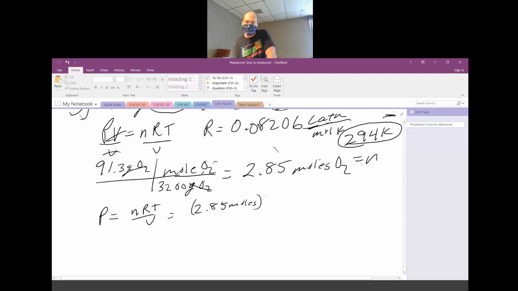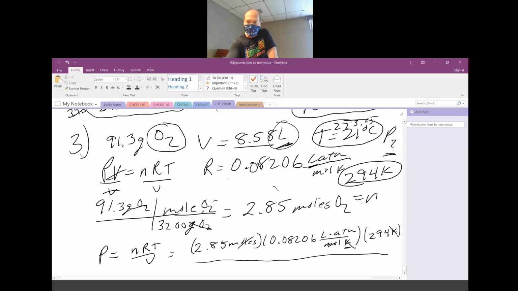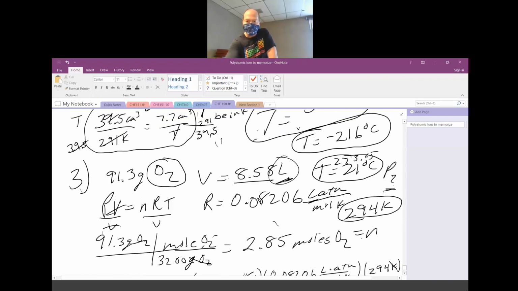You have 0.08206 liters times atmosphere per mole Kelvin, and those units are given to you in the constants page. All right, and that obviously says Kelvin, so make sure you have 294 Kelvin. Kelvin cancels Kelvin. And then your volume, also in the right units, was given to you, and that was your 8.58 liters.